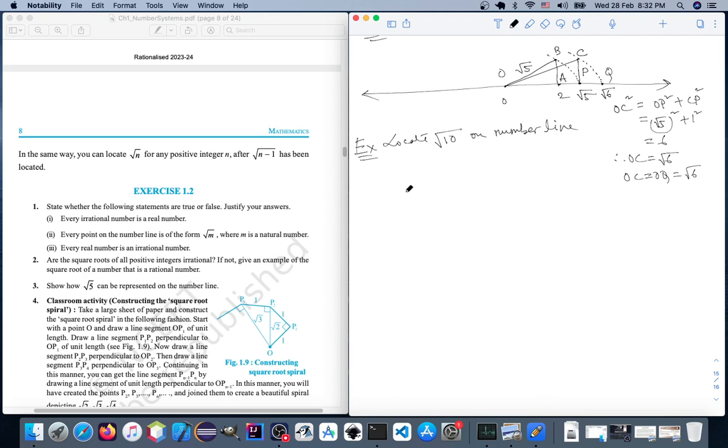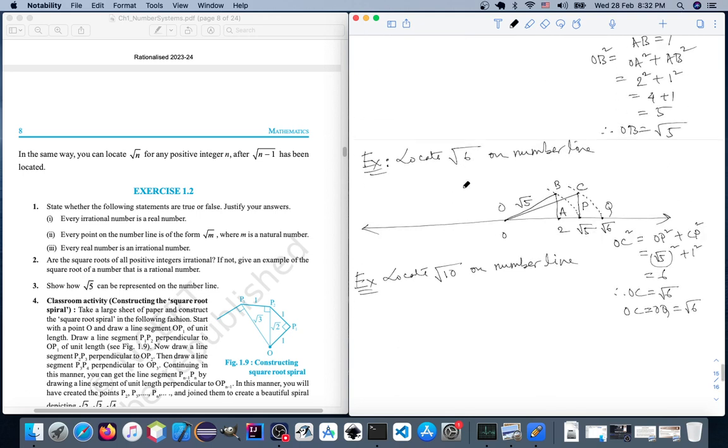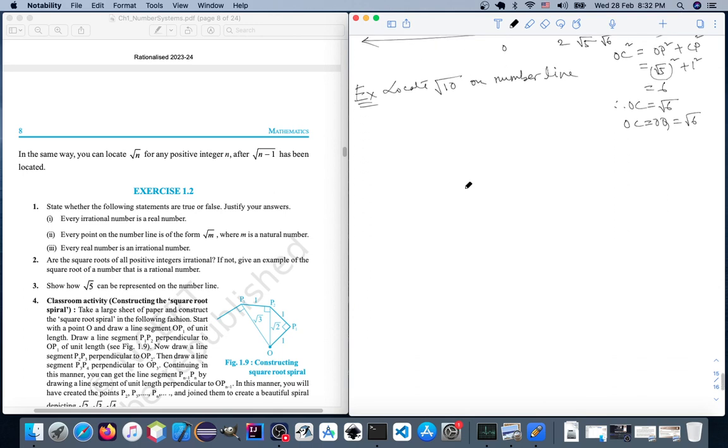So what we do, first we need to locate root over 10 minus 1, which equals root over 9, which equals 3 on the number line.